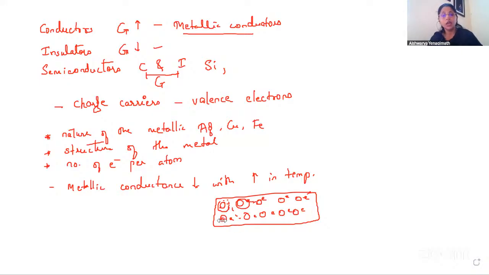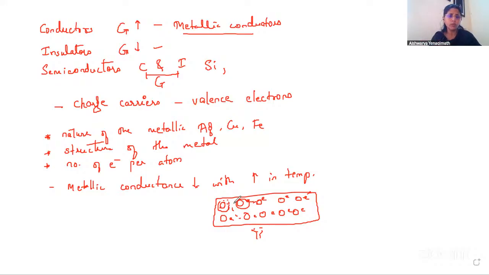Now my question is, when I increase the temperature, what happens? Please think over it. On heating, the atoms themselves start moving. Just imagine the movement of valence electrons and the movement of atoms.